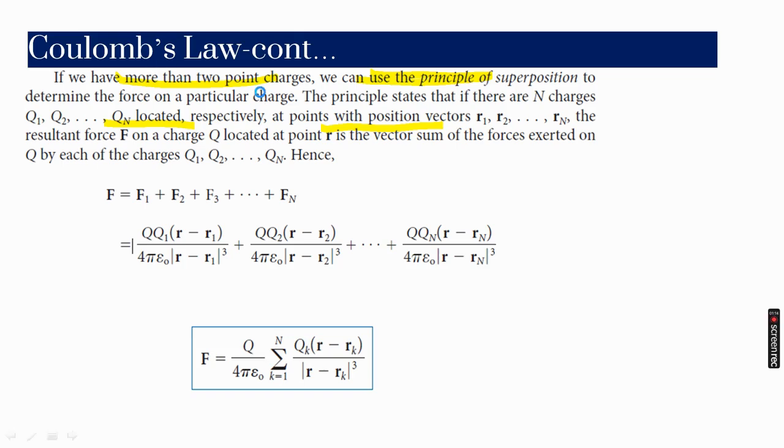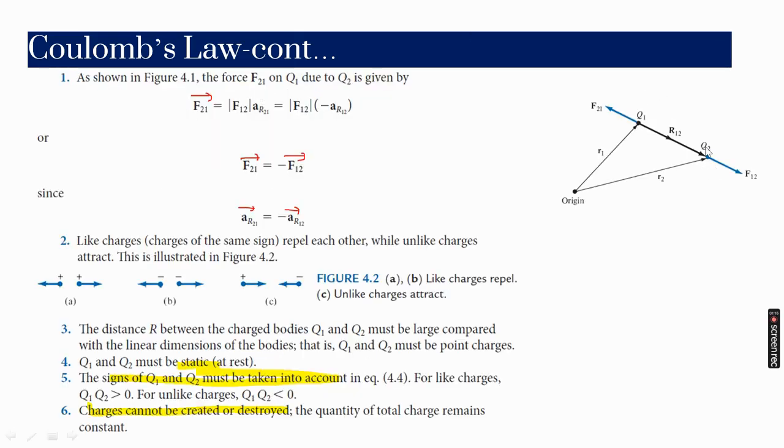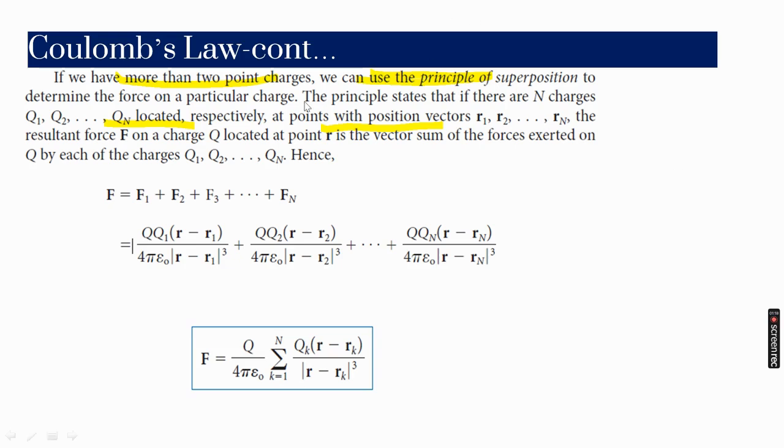So till now we have seen two point charges. Now let us consider a case where more than two point charges are present. We have to apply the principle of superposition to determine the force on a particular charge.